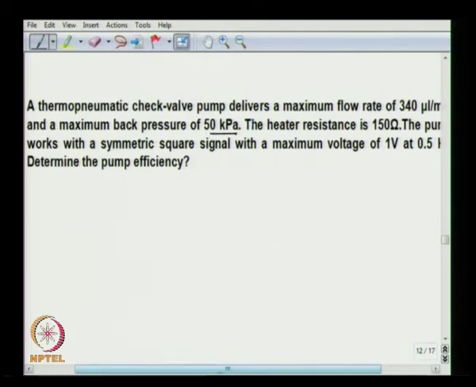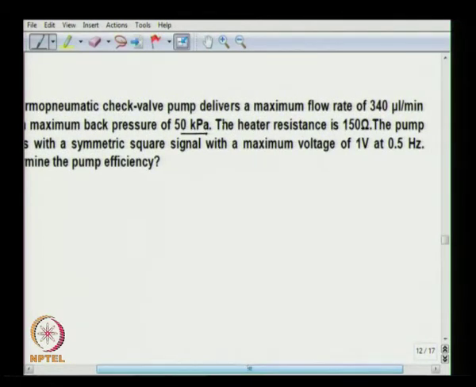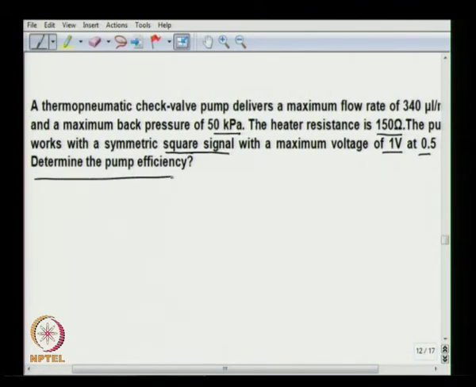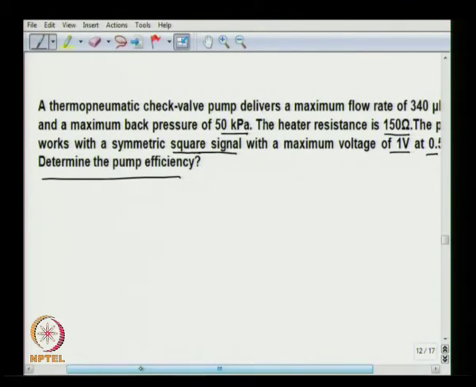And the heater resistance is 150 ohm. The pump works with a symmetric square signal with a maximum voltage of 1 volt at 0.5 hertz, and we want to determine the pump efficiency. So, how do we do that?